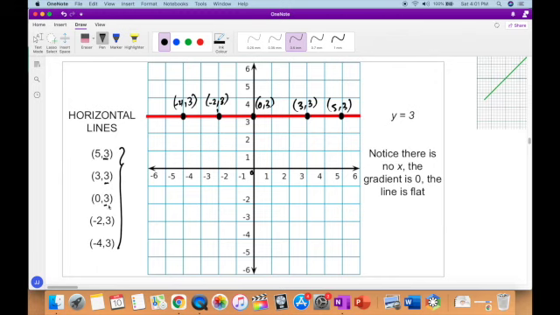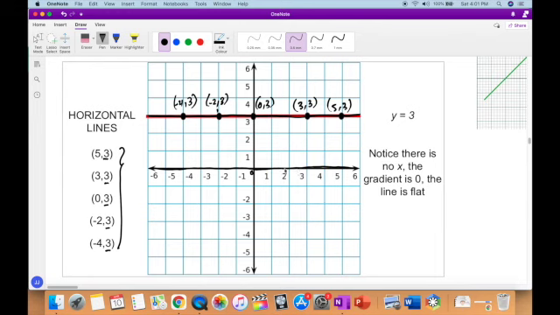Y is always 3. So you can see that when you draw a horizontal line, the y value for that horizontal line will be at a certain level on the y-axis, just like how the x-axis is at the level of 0 in terms of the y-axis.